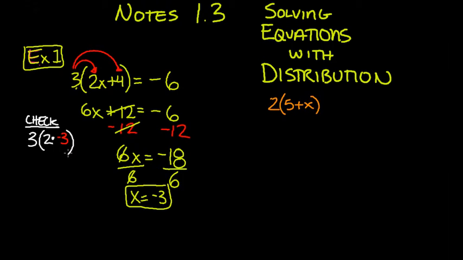Oops, I forgot +4. Let's keep it going. 2 times -3 plus 4. And hopefully that equals -6. So I'm going to distribute 3 to this and the 3 to that.